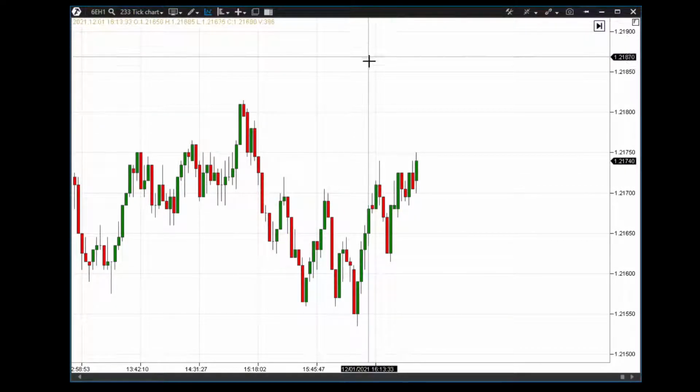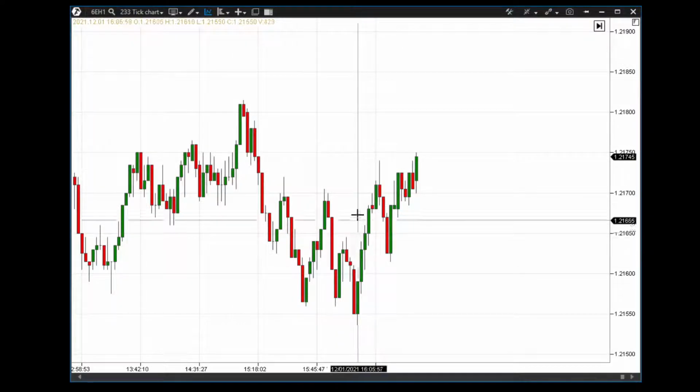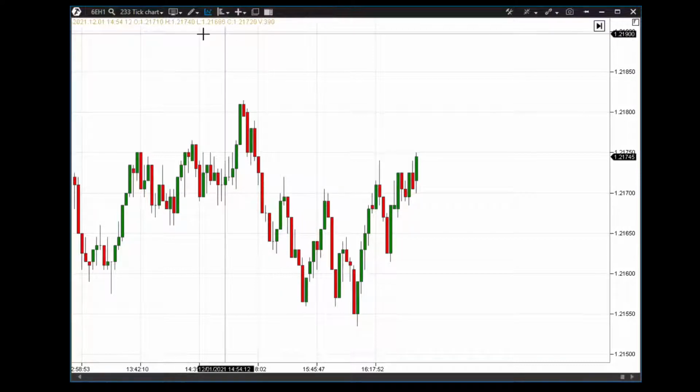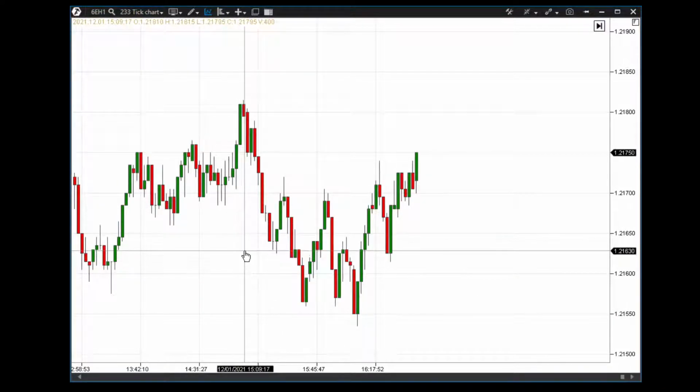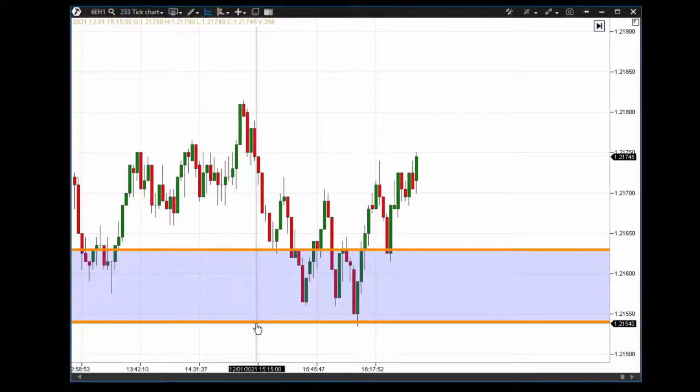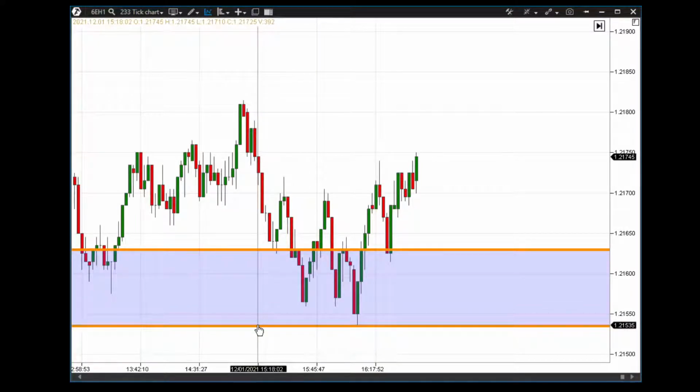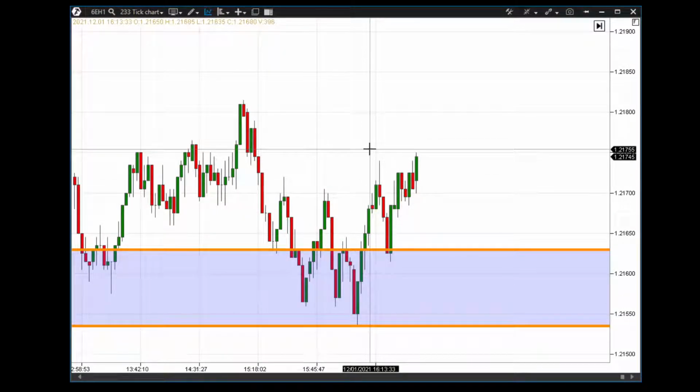And let's say you have the, let's highlight the areas where the UFOs were telling us there was a buy zone. It's this one, and the buy zone was right here. Let me just highlight it.